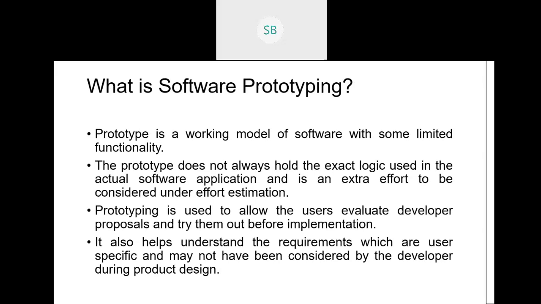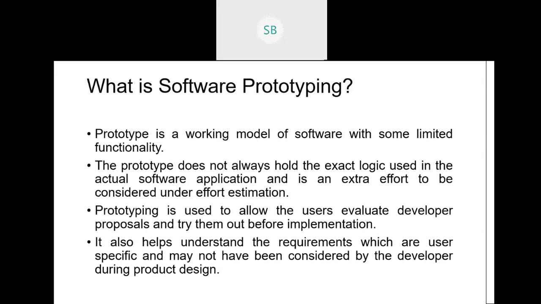It's very difficult, because whatever the user mentioned, they did not mention it clearly, and the developers don't know what to do. In that case, they go for the prototyping method, where first, based on whatever they understood, they develop a model and ask the user to use it and check whether they want such a system or not.